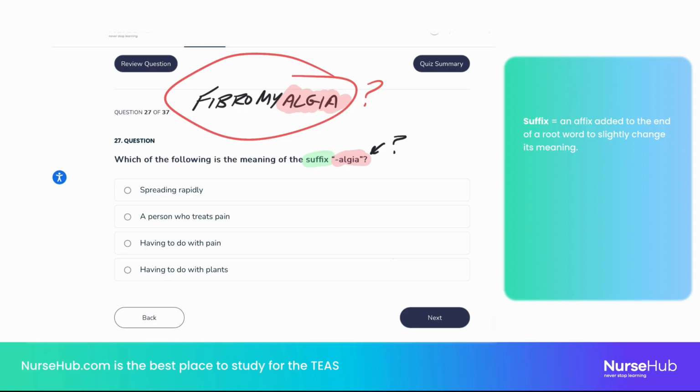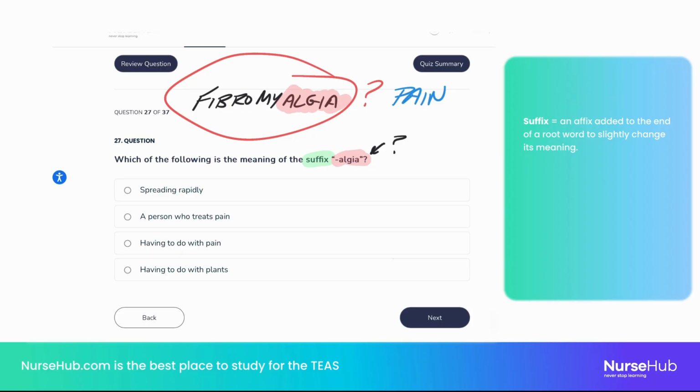Now, I know based on the advertising I watch, and you might have different options, that fibromyalgia is some sort of a disorder that causes pain and tenderness throughout the entire body. It's very uncomfortable, as well as a lot of fatigue, like that exhaustion, and some trouble sleeping. So I know it focuses on pain. Okay. Now we can use a process of elimination. Take a look at these. Now, spreading rapidly.